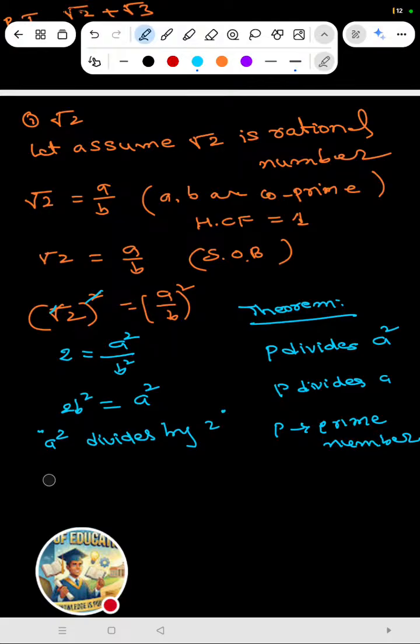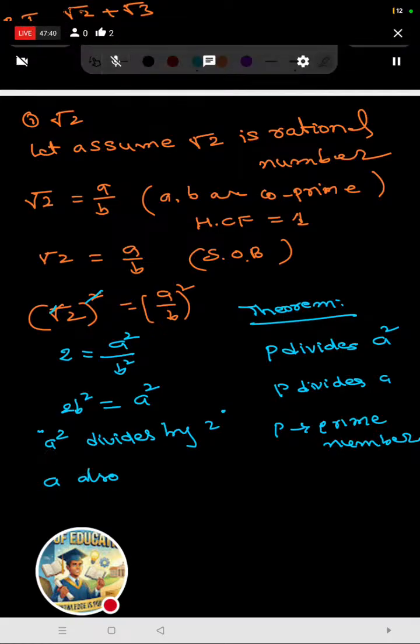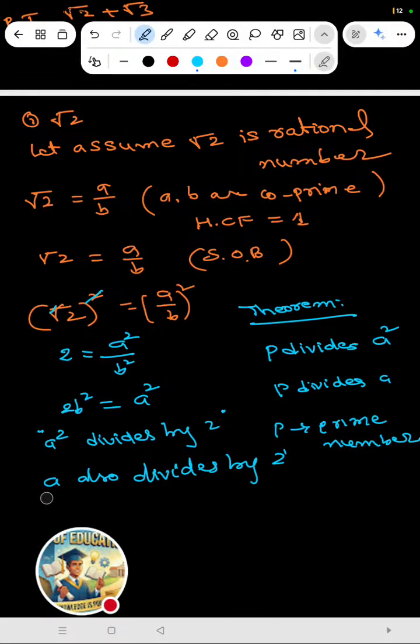In the same way, a also divides by 2. It means a square is divisible by 2, then a is also divisible by 2. It is by the theorem. This is an important theorem.